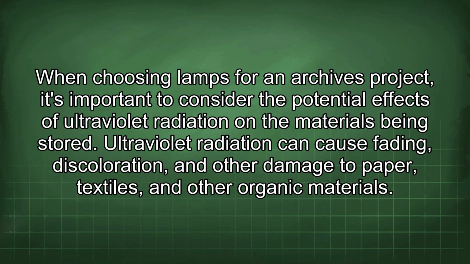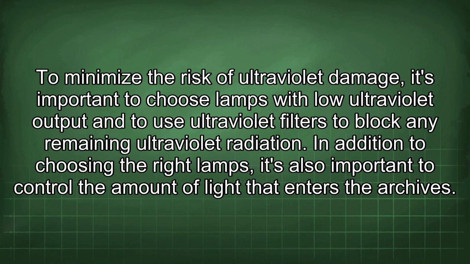Ultraviolet radiation can cause fading, discoloration, and other damage to paper, textiles, and other organic materials. To minimize the risk of ultraviolet damage, it's important to choose lamps with low ultraviolet output and to use ultraviolet filters to block any remaining ultraviolet radiation.